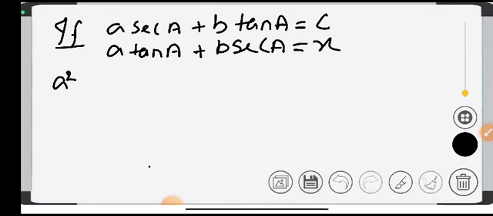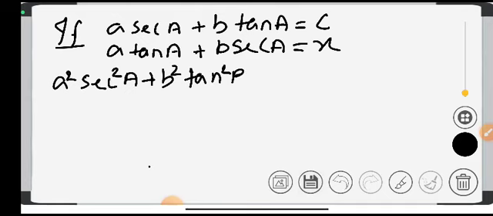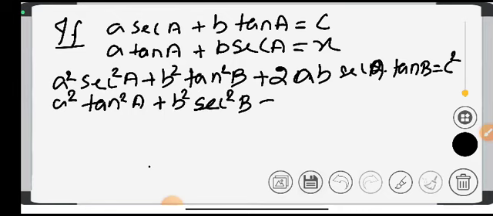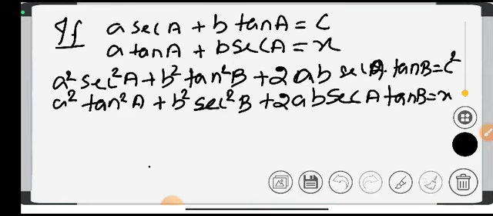If I apply the square, a square sec square a plus b square tan square a plus 2ab sec a into tan a is equal to c square. Okay, a square tan square a plus b square sec square a plus 2ab sec a tan a is equal to x square.